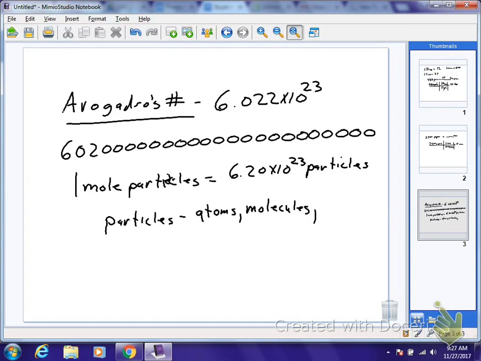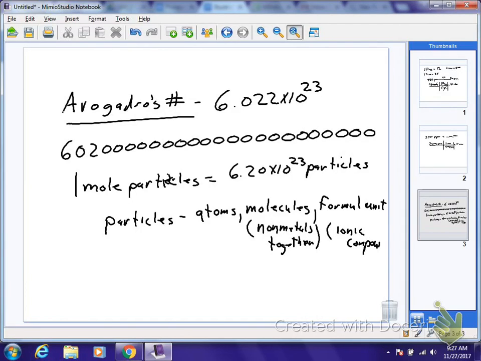Could be formula units. I'm going to tell you the difference between a formula unit and a molecule. A molecule is when you've got nonmetals bonded together. Just for your information. And a formula unit is for ionic compounds.